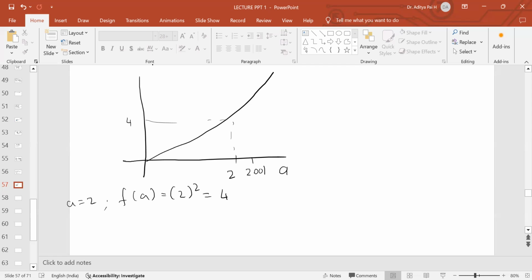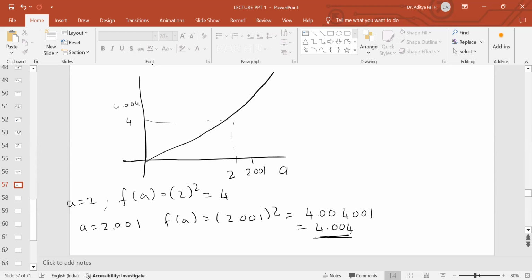If I change the value to a equal to 2.001, then f of a is 2.001 whole square, which is 4.004001, roughly 4.004.